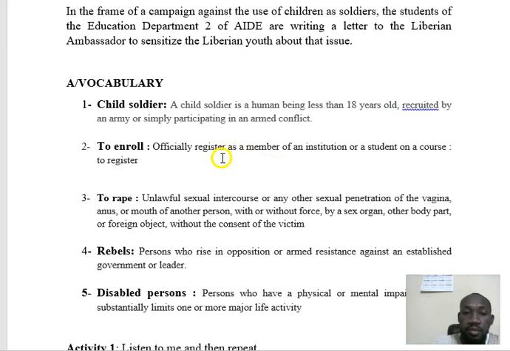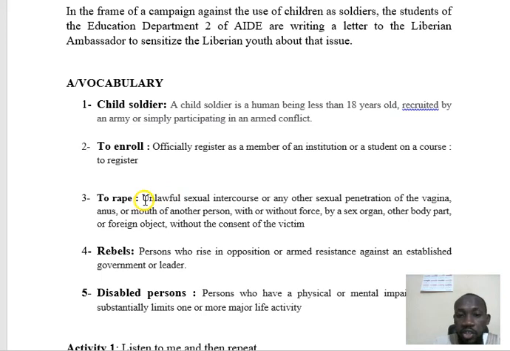The third vocabulary is to rape. Rape has to do with sexual intercourse or sexual relationship. And now let's see how a sexual intercourse can be considered as rape.